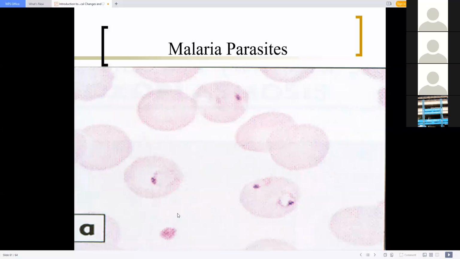So usually when a Parasite F, which is an automated method, is positive, we prepare a slide because it enables us to tell the species of the malaria parasite that the patient is suffering from. Remember, malaria has 5 species. You'll be introduced to them when you do your parasitology, or some of you may know them: falciparum, vivax, ovale, and all that.